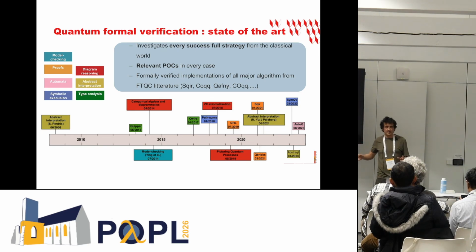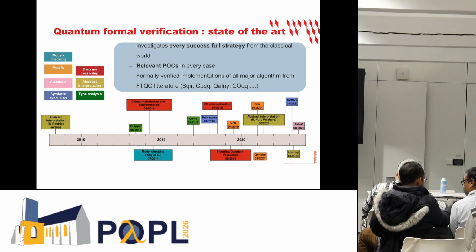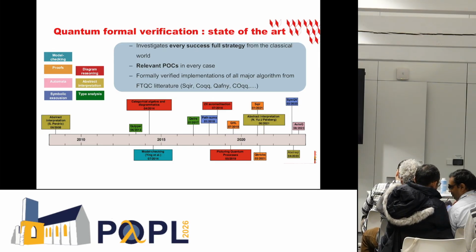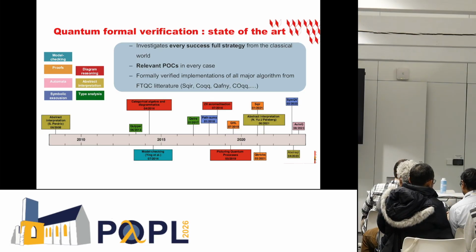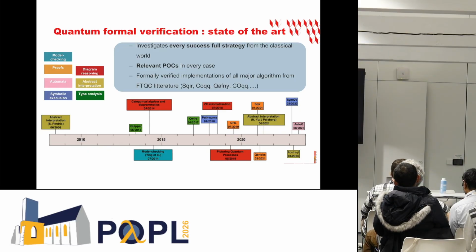I put many colors just to illustrate the fact that if we look at the major formal analysis methods existing in the classical case, so type analysis, abstract interpretation, automata, proof, and so on, it looks like the community has been exploring all of the main existing solutions in the classical case and trying to adapt them to the quantum case.